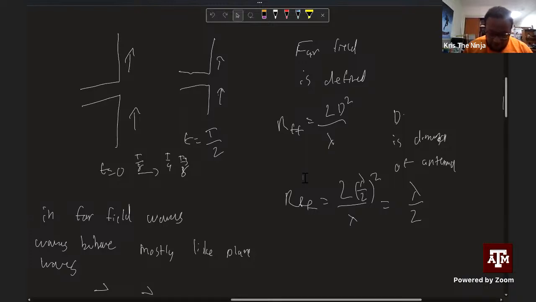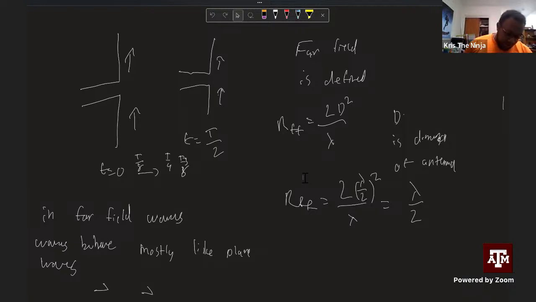That gives us a wavelength of 2.88 meters. And then we have 11 squared, multiplied by 2, and then divided by the lambda we just found.